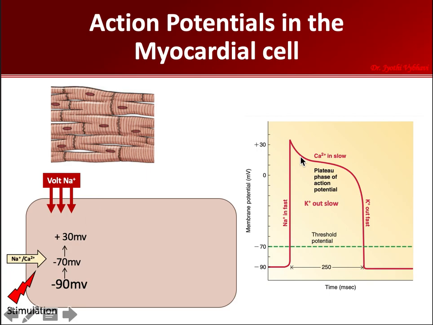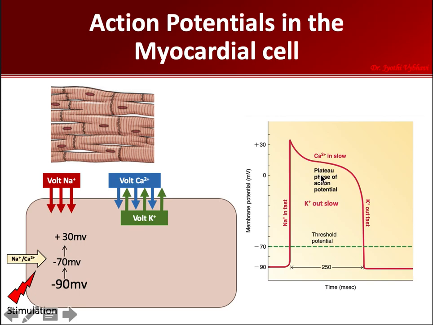And at this very point, voltage gated calcium channels open. When voltage gated calcium channels open, the potential should go up, it's a positivity. But at the same very moment, voltage gated potassium channels also open. So calcium is coming in, there is influx, whereas potassium is going out, efflux.